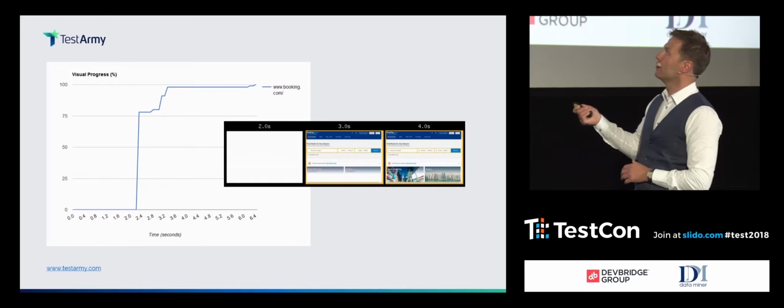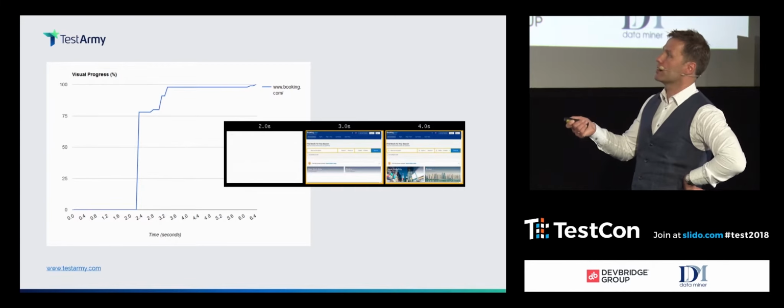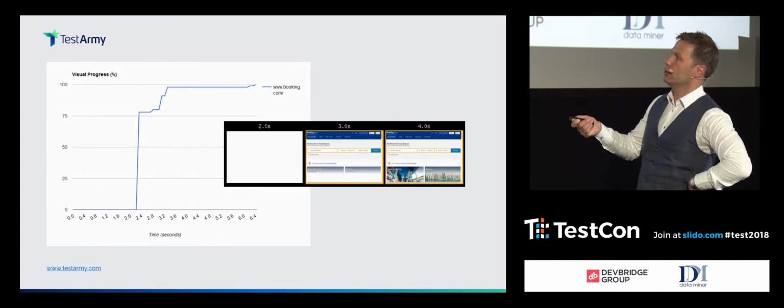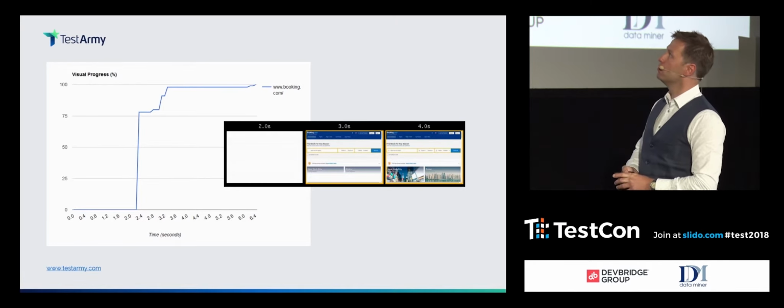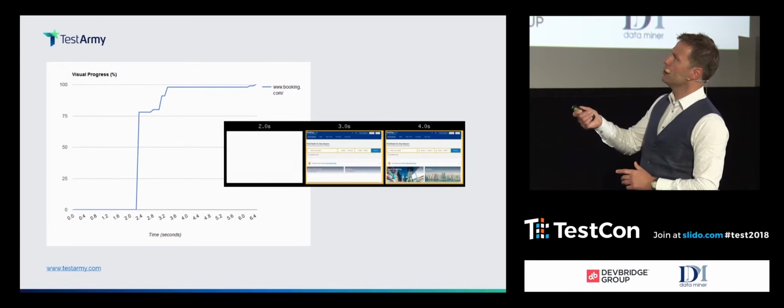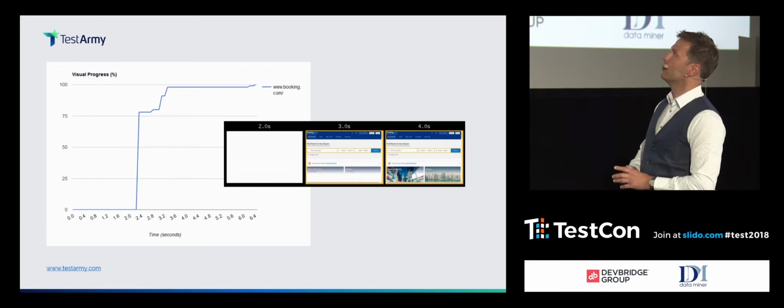So you can see here that for this page, nothing was actually visible until 2 seconds, and then we have almost above 75% of the content, and then we need to wait an additional second for some parts, and then we need to wait approximately 3 seconds to have a fully loaded page.